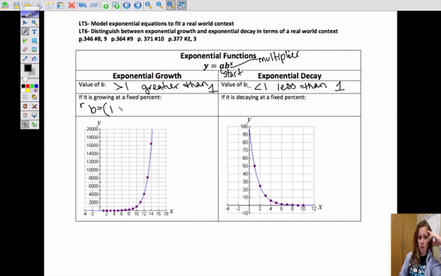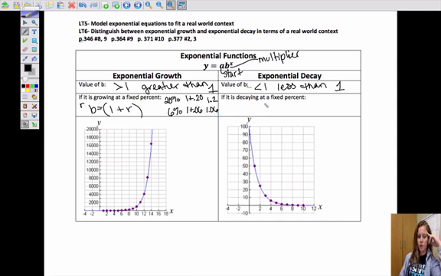So if we're growing at 20%, then we take 1 plus 0.20, so our b would equal 1.2. If we're growing at 6%, then we take 1 plus 0.06, so our b, our multiplier, would be 1.06.